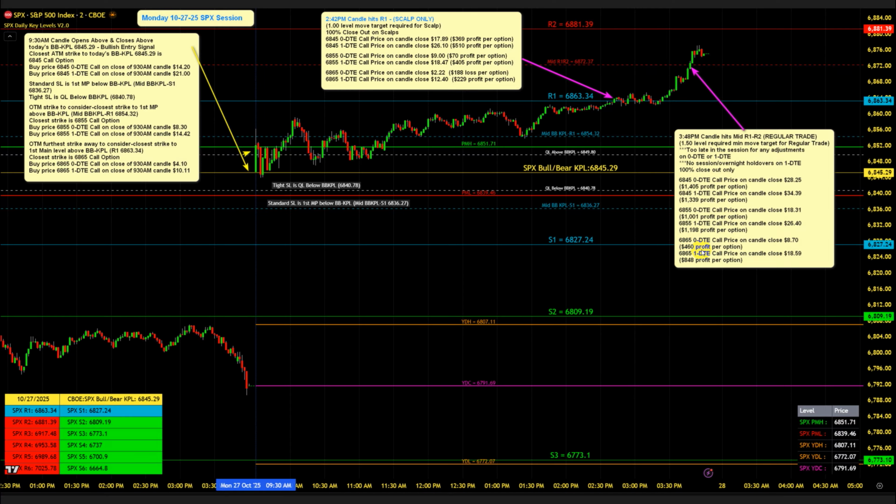And you have a $460 profit per option on this after buying it at $410 back here, mainly because of this move to the minimum required 1.5 level move on a regular trade, whereas here on the scalp you actually lost money, mainly because both of these are happening so late in the session. There's no time value left on these. The 68.65 1 DTE, however, on the candle close is 18.59, so that's $848 profit per option.